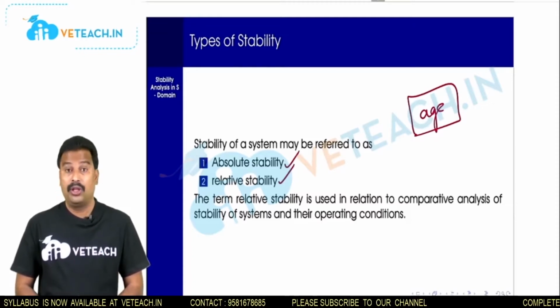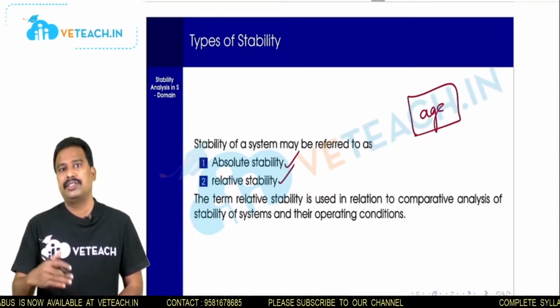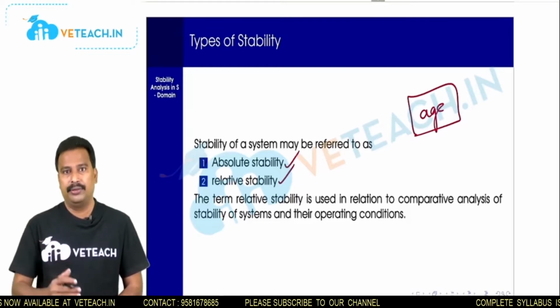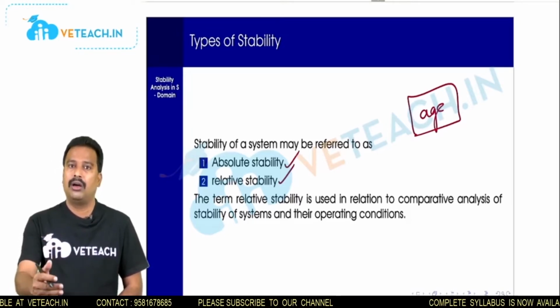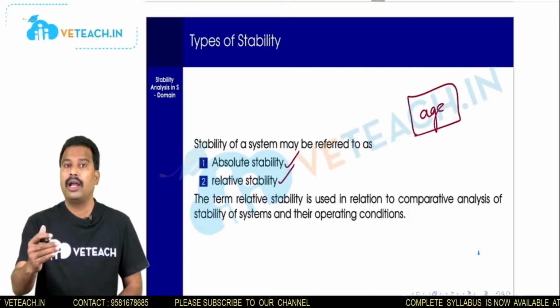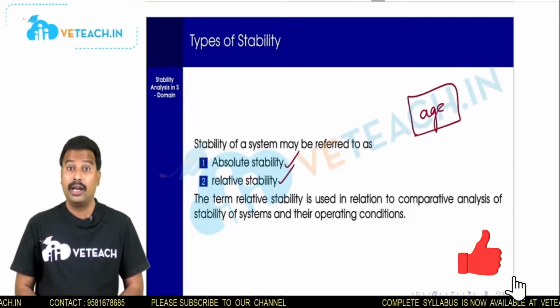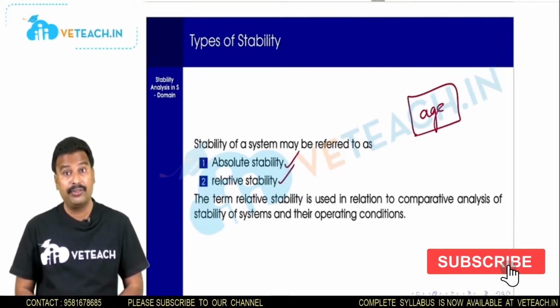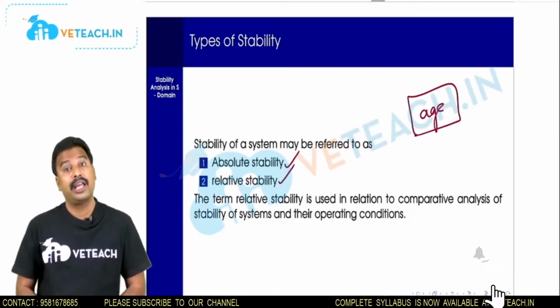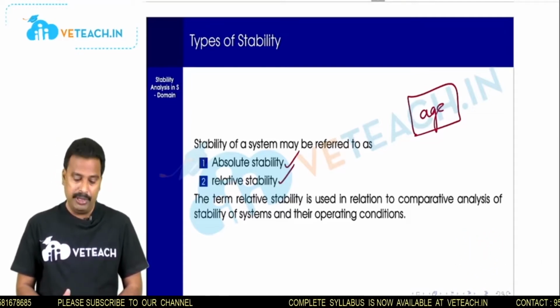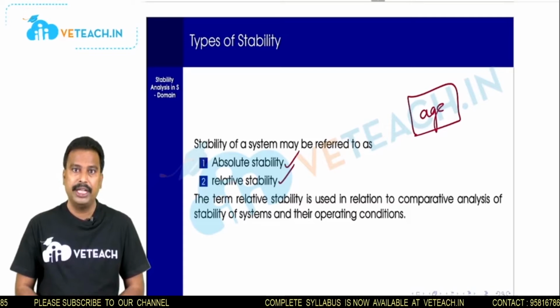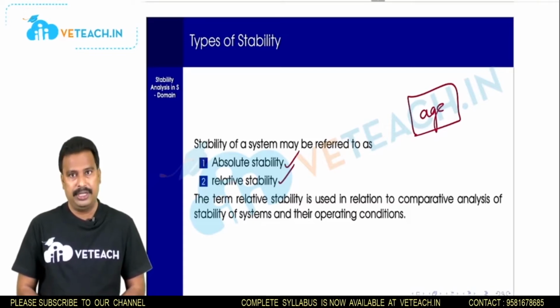Suppose you compare your age with somebody else, your brother, then you may be younger or elder. So younger or elder is called relativeness or comparativeness, and your age itself is absoluteness. Like that, the stability may be an absolute stability or a relative stability.